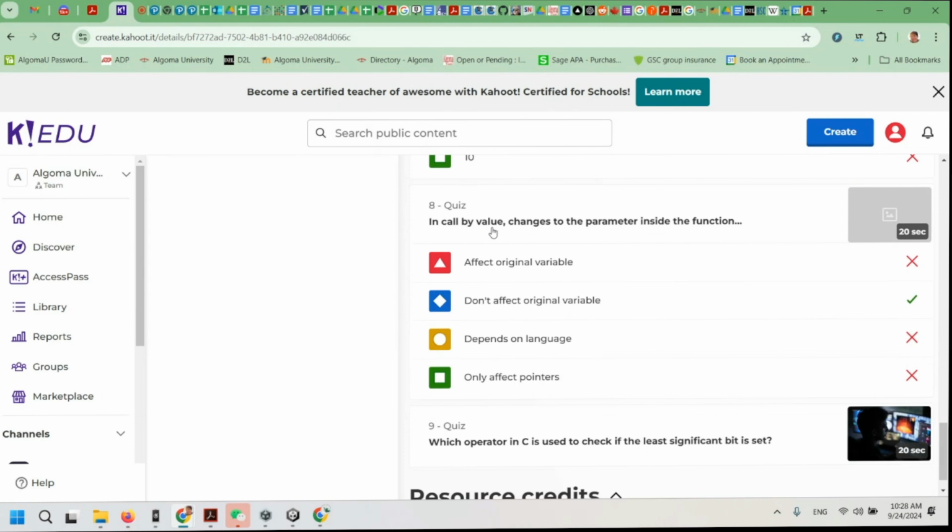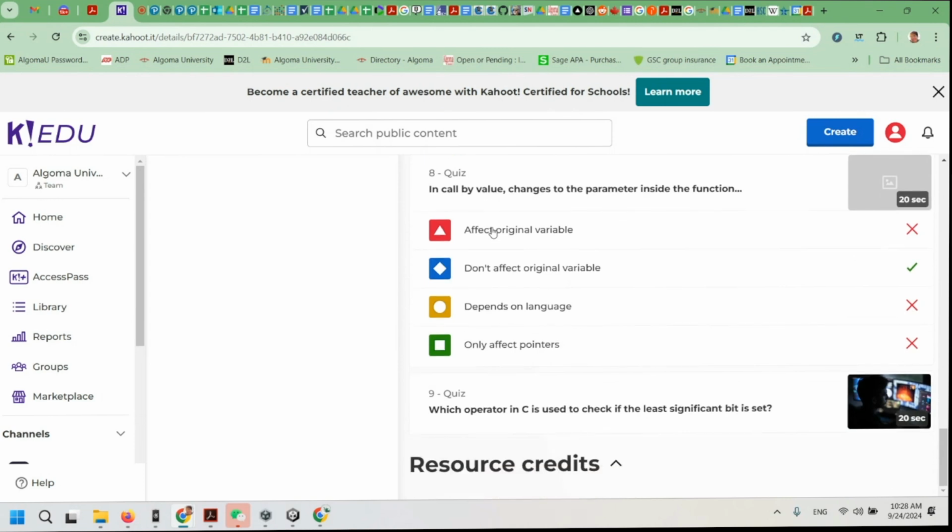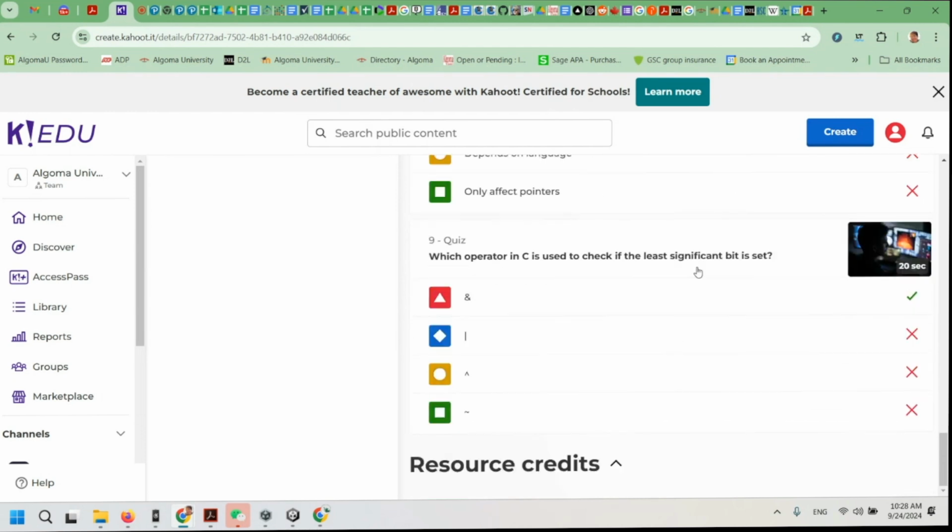Call by reference means you're passing the address, so you are changing the original value. Call by value means you're making a copy of the value, so you're not going to change the value in the function. So this one is the same as the previous one, right? The AND 0, 1, right? That's the same.